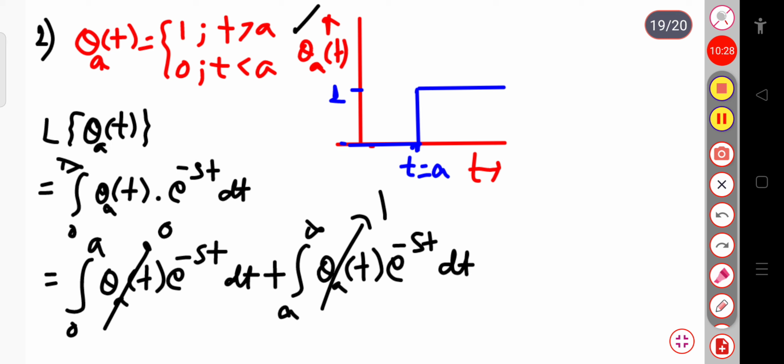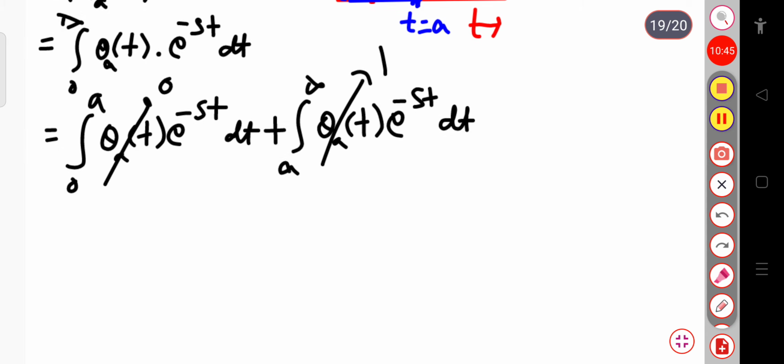Since theta a of t is equal to 0 when t is less than a, meaning it will lie within the limit 0 to a. Within this limit 0 to a, the value will be less than a, and in that case the theta a of t value is 0. So I can put theta a of t equal to 0 in this case.